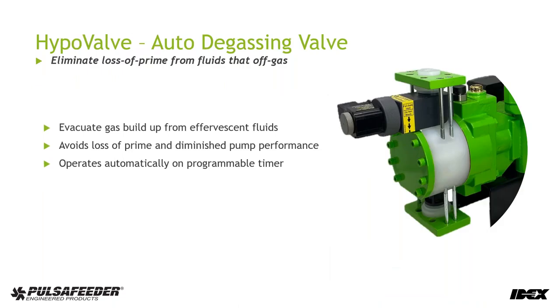The hypo valve, the auto degassing valve. We've talked a lot about the hydraulic side of the pump. This has more to do with affecting the process side of the diaphragm. You recall that we've been talking about these features that make your pump efficient, improve mean time between failure, and avoid downtime.